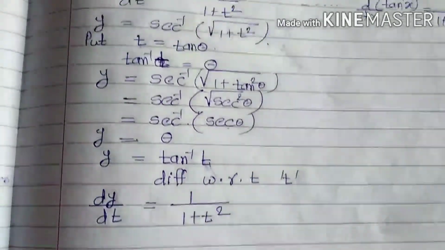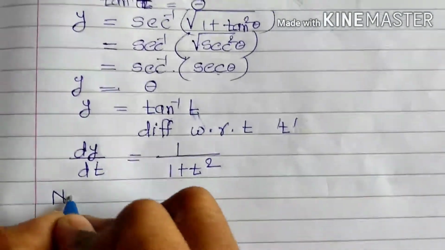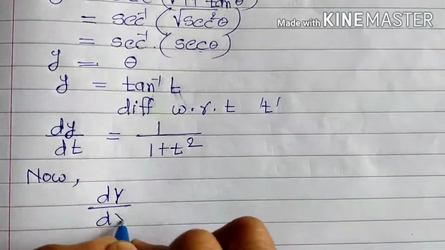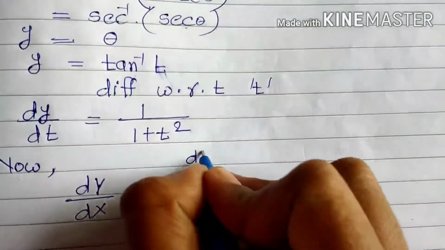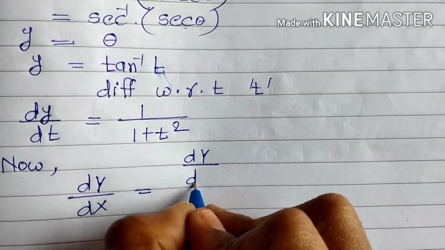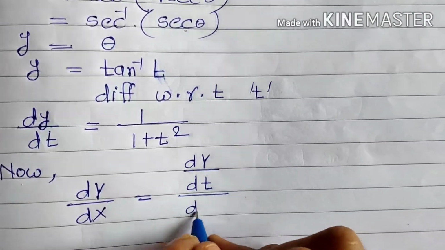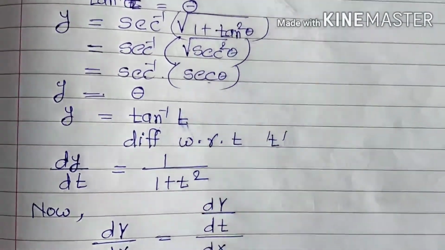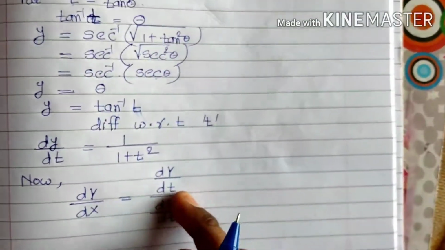Now use the formula. Put the values. What is dy upon dt?